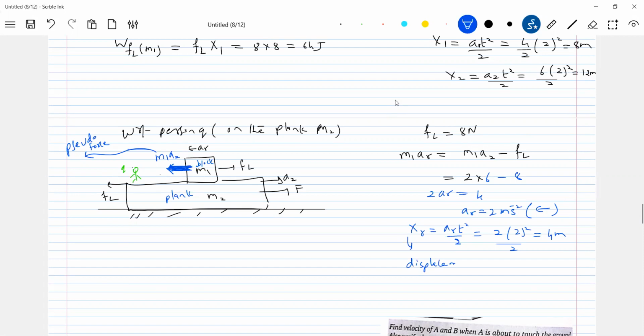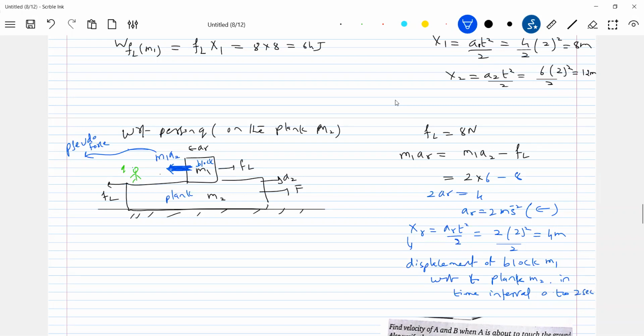Displacement of block M1 with respect to plank M2, in the time interval 0 to 2 seconds. Okay, got this.